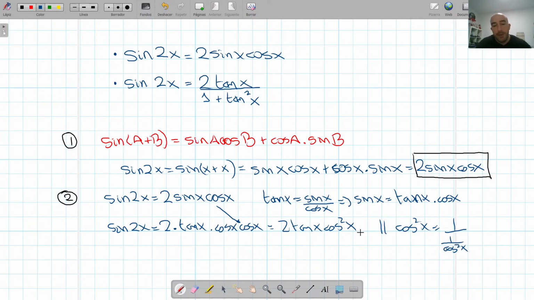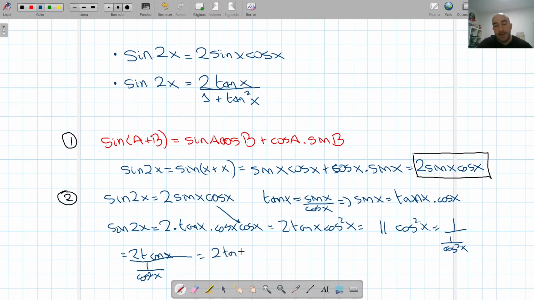Okay, so if we do that there, we get 2 tangent of x divided by 1 divided by cosine squared of x.